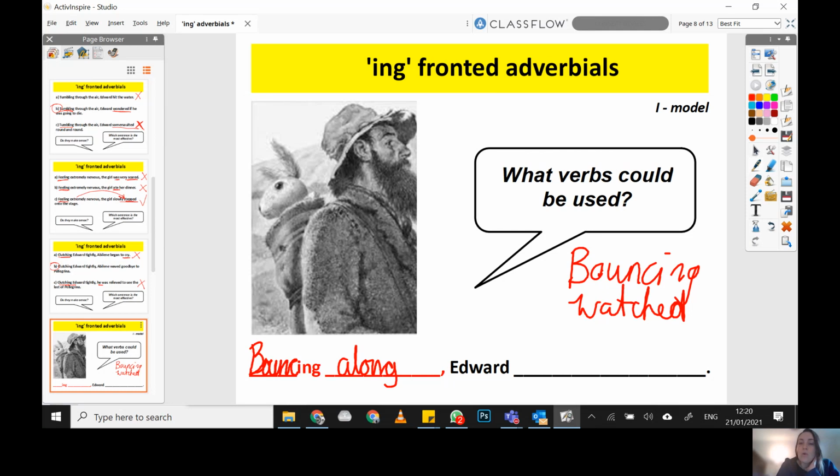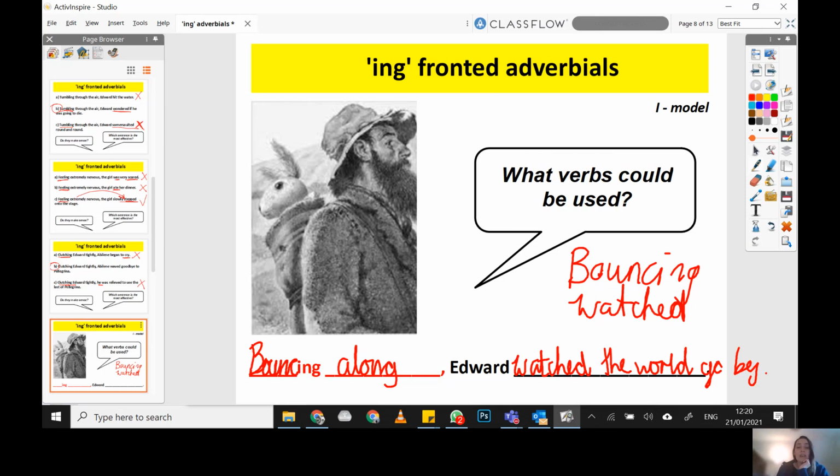I'm going to describe what is happening. Edward watched the world go by. So you could have come up with a load of different things.